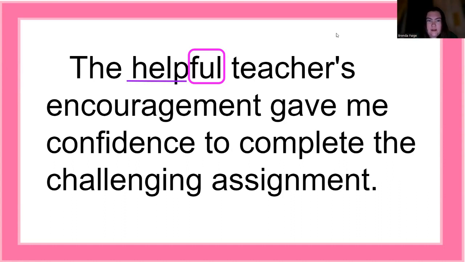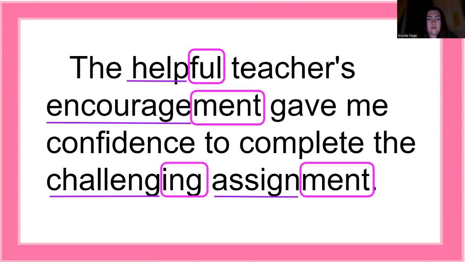Let's see, does anyone see another one? Oh, there's a couple more. This one right here. I hope you can see my mouse. Ment. It's attached to this big word. Encourage. Ment. Encouragement. I hope that I give you guys encouragement.